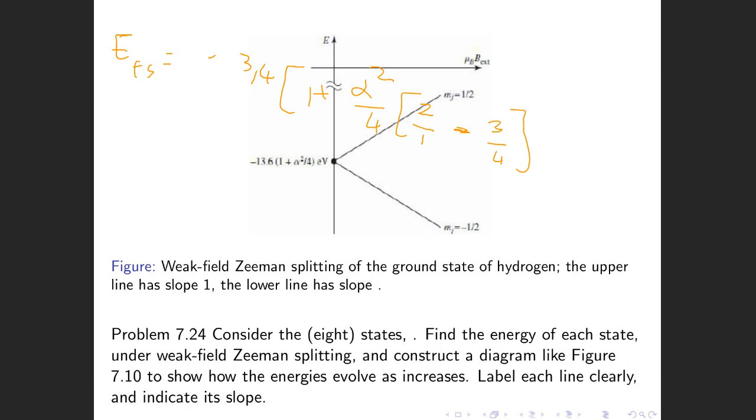You just plug in the plus a half. So for these states, j was half, it's half plus half, which gives you that number there. And once you simplify everything, you get minus 3.4 electron volts.